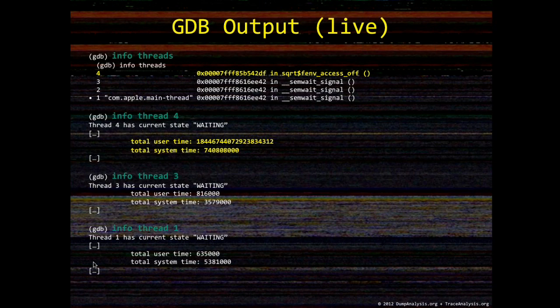You see, I was running that spiking thread for some time. You see that total user time is many times bigger than for a sleeping thread. However, we see that from live debugging, but from a core dump, we can diagnose a spiking thread by just looking at whether it is sleeping or not.